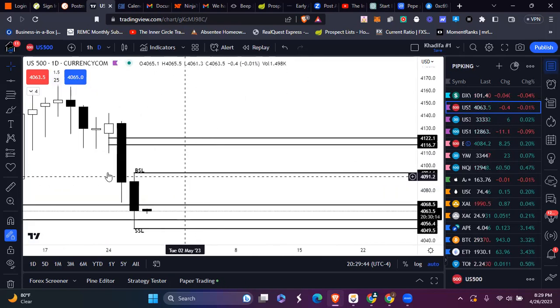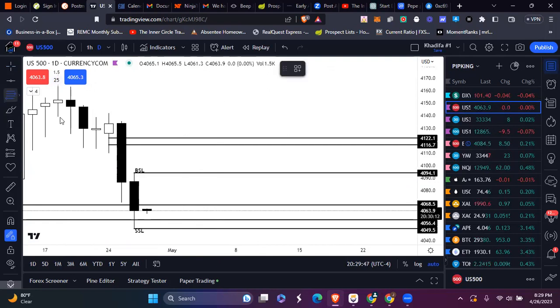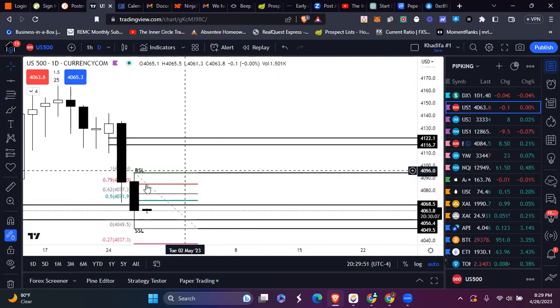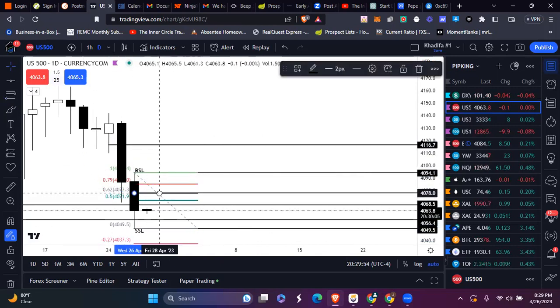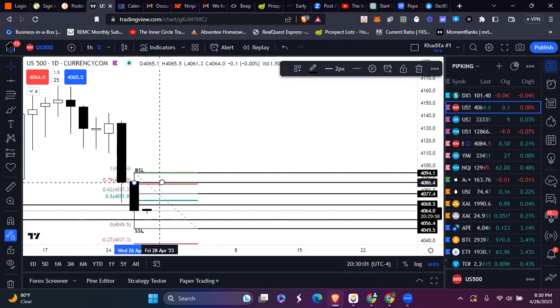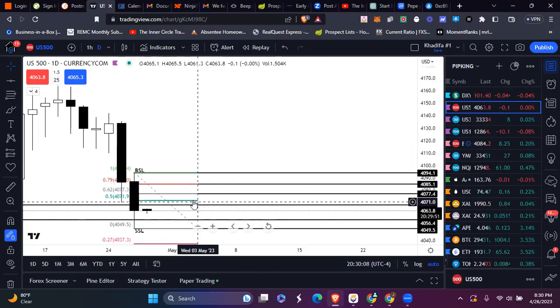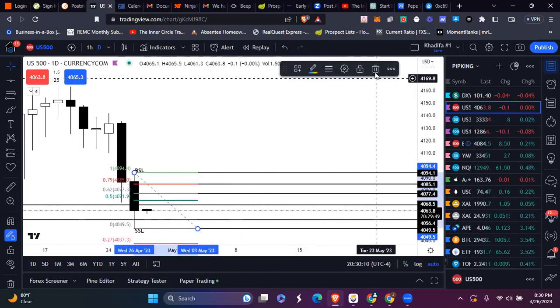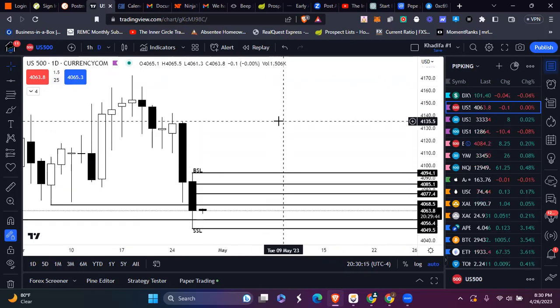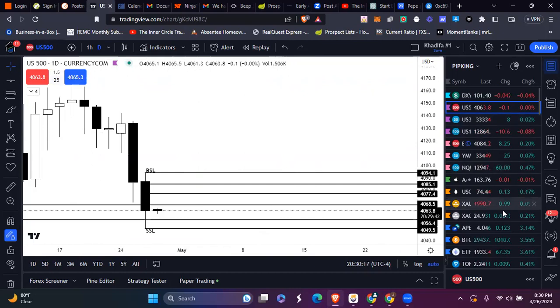But we should see a pullback up into here if we're going to get down into that fair value gap. We don't have to see a pullback, of course. We may reach for it and not even get to it, but that's what I want to see. So that's what I got for futures.